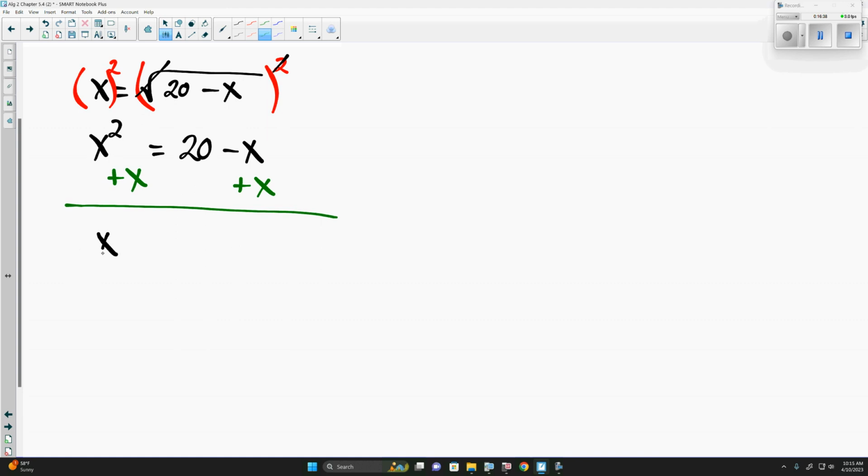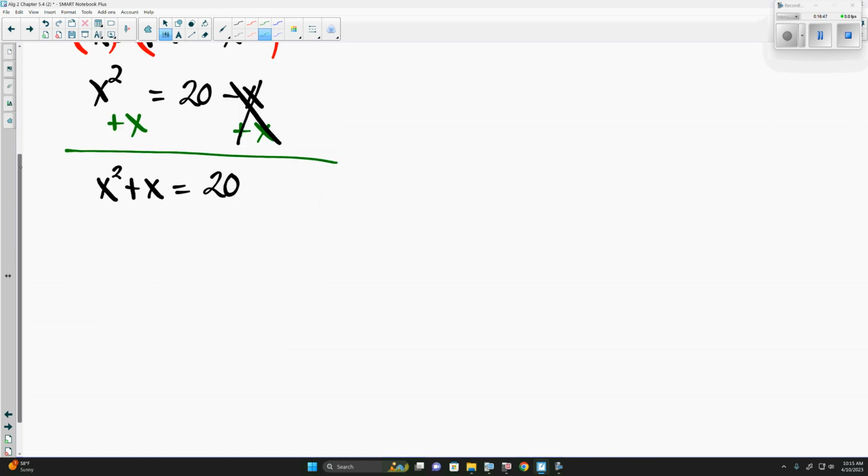On the left-hand side, we'd have x squared plus x is equal to, these two cancel, leaving us with 20. Next step would be to subtract 20, telling us that x squared plus x minus 20 is equal to 0. Any questions on how we got to this point here?